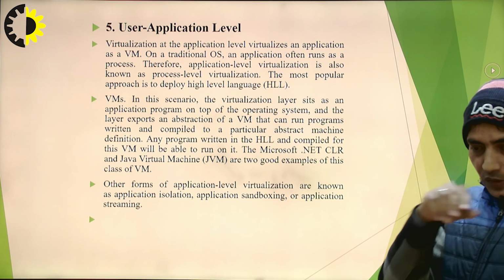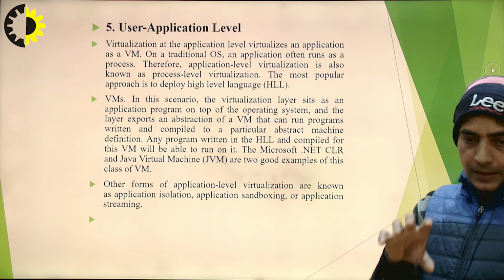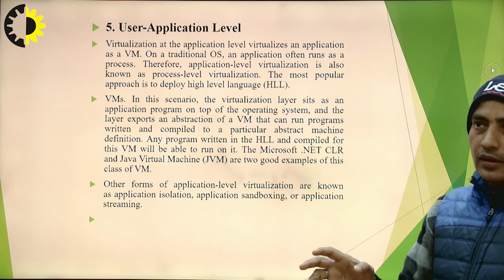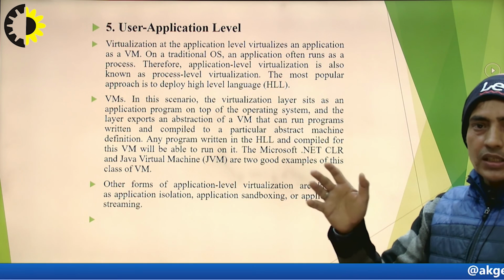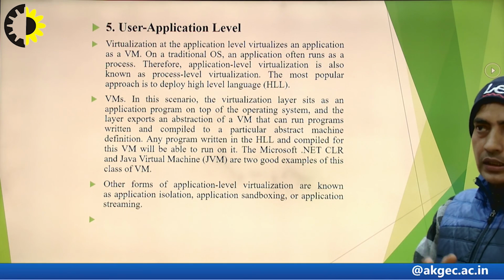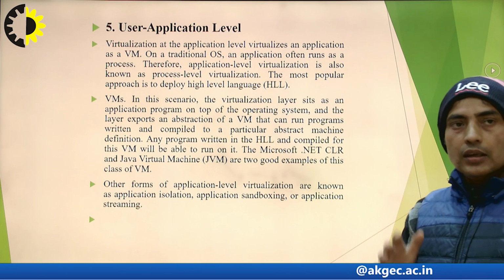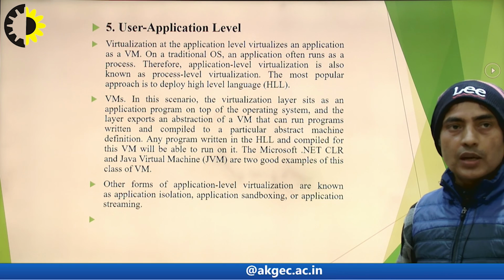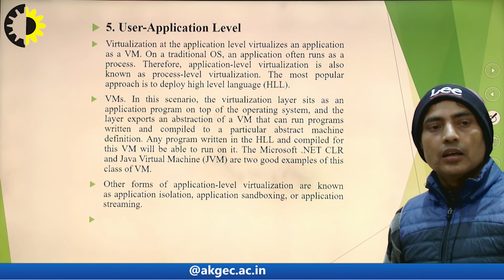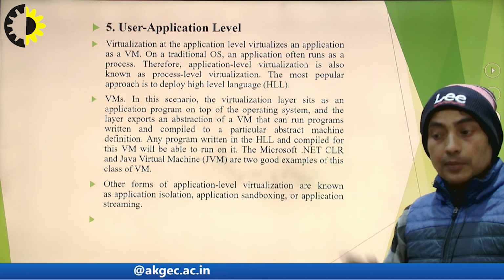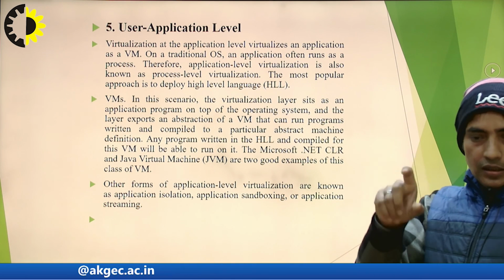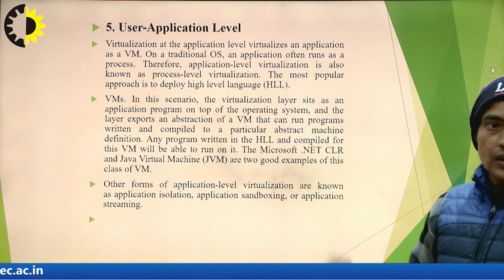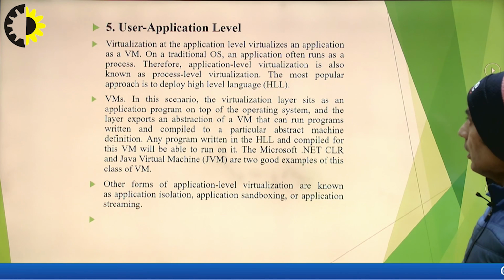Once the application is compiled, it can run on different platforms. This is the beauty of the user application level. Just like the Java Virtual Machine, bytecode is generated and can run on different platforms, so it is platform independent.